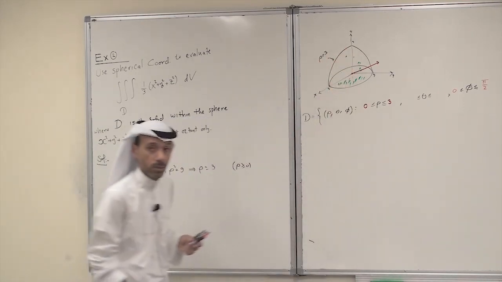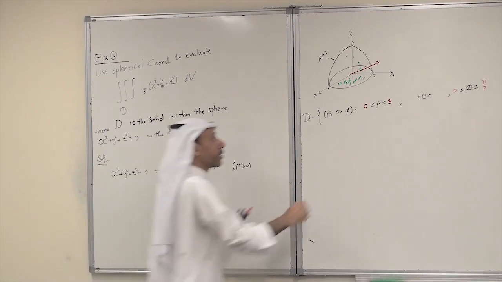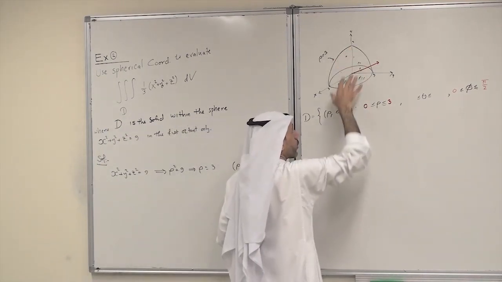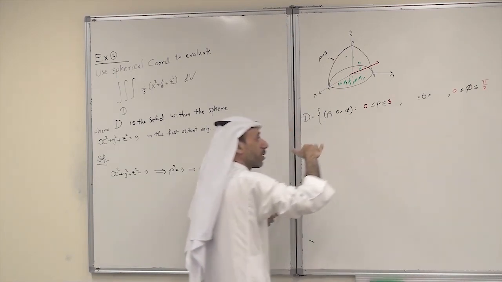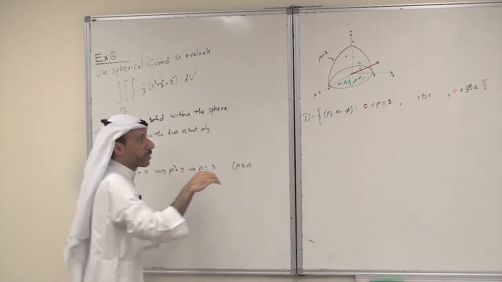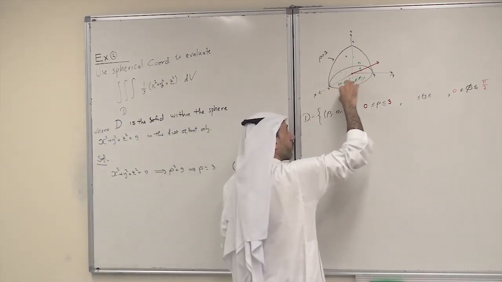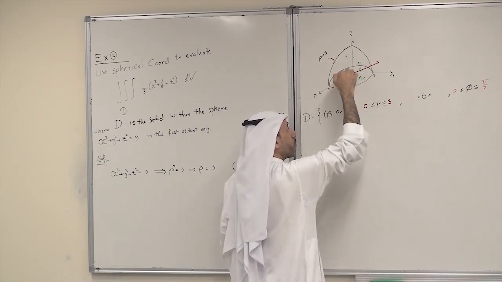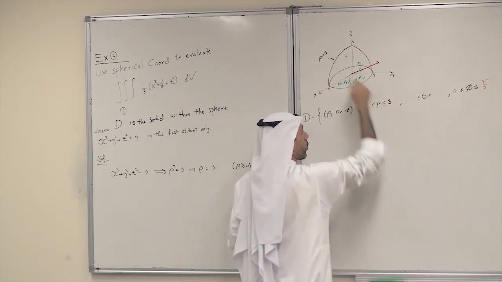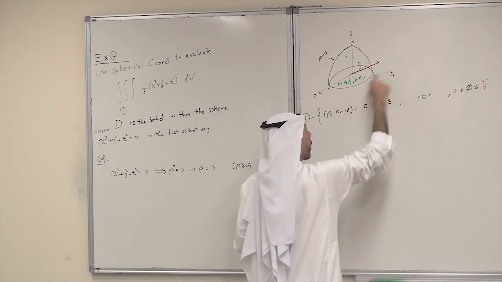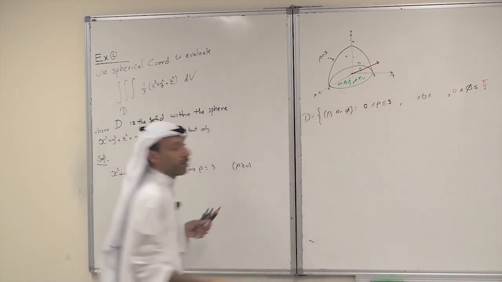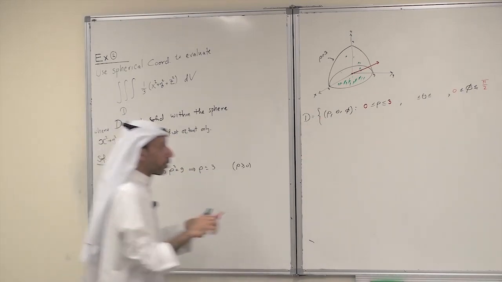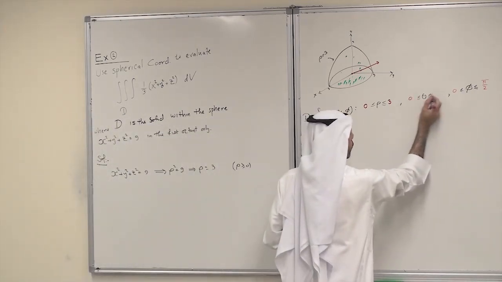For theta, the solid is in the first octant, and theta you measure as in polar coordinates. For any points in the first quadrant of the xy plane, theta will be from 0 to pi over 2.